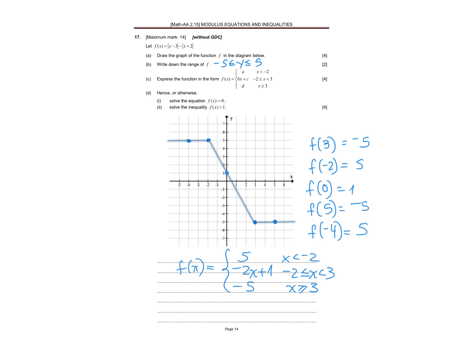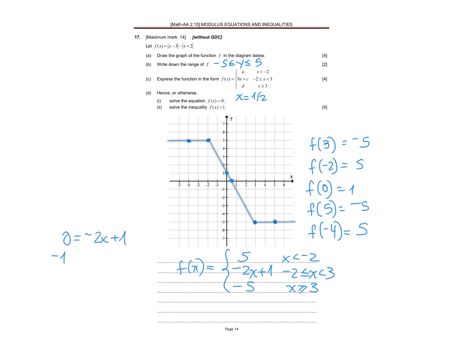Okay, so hence or otherwise, solve the equation f at x equals 0. So when is y 0? We're going to have it here at 1/2. So x equals 1/2. You can also, because you know it's this part here, set 0 equal to that section, -2x plus 1.